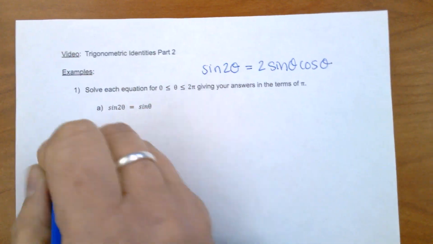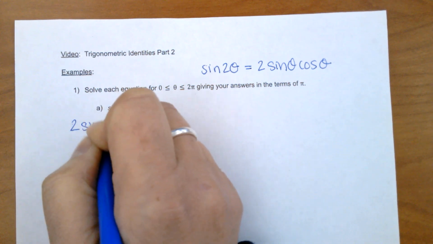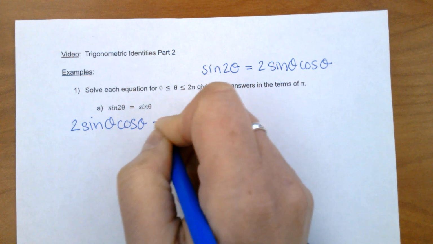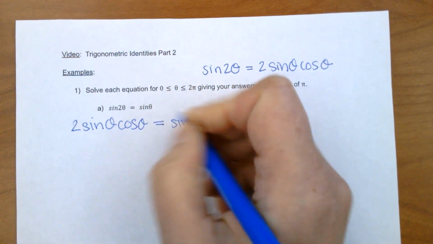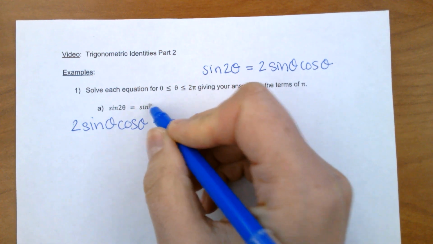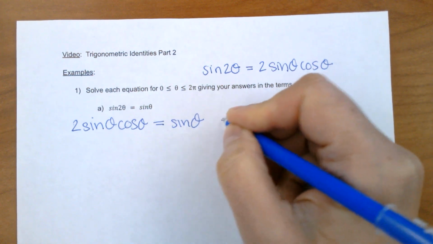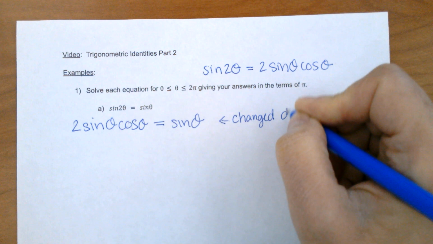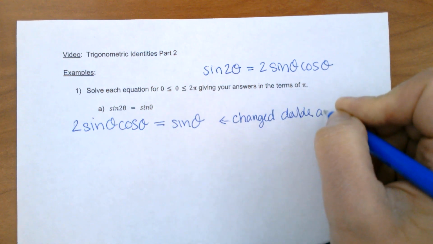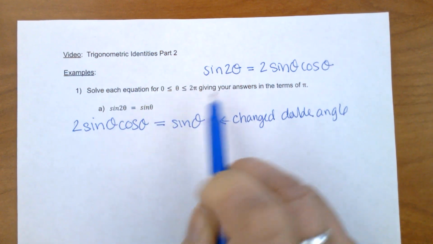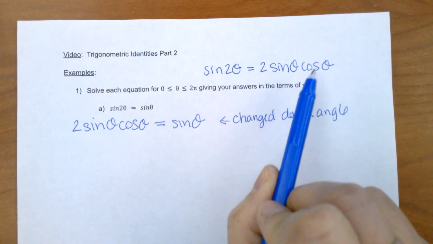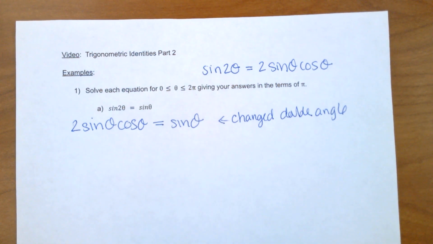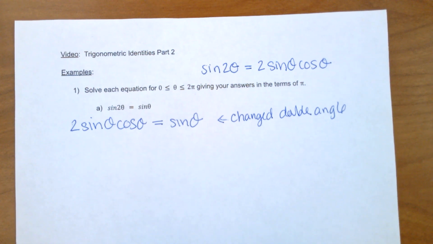So let's change that side: 2 sine theta cosine theta equals sine theta, and I just changed this side and I kept sine theta. All I did right here is I changed it from a double angle, the 2, to a single angle. That's why I wanted to do that. It'll help us to solve it much easier.